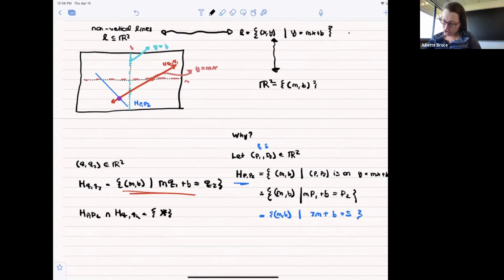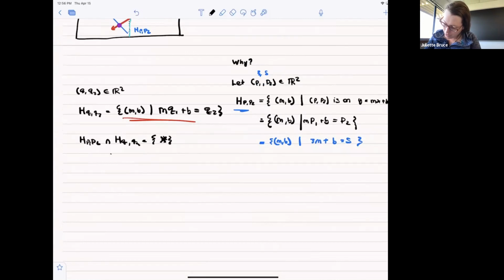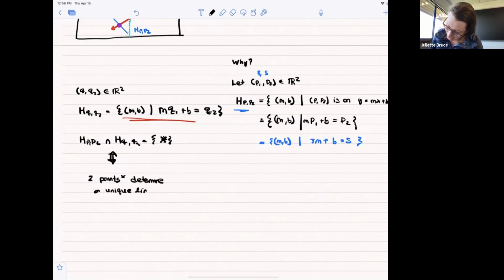So what this statement is equivalent to is that in general, 2 points determine a unique line.